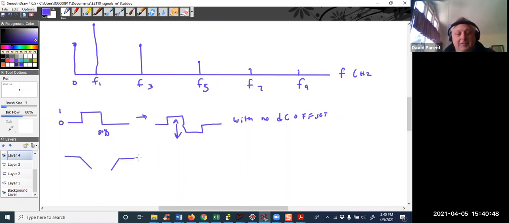Our choices. What kind of filter will take this and turn it into this, with no DC offset?